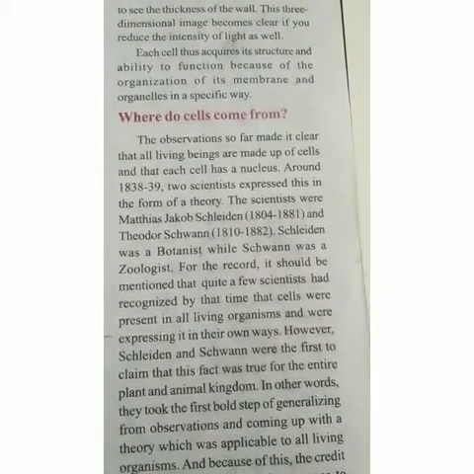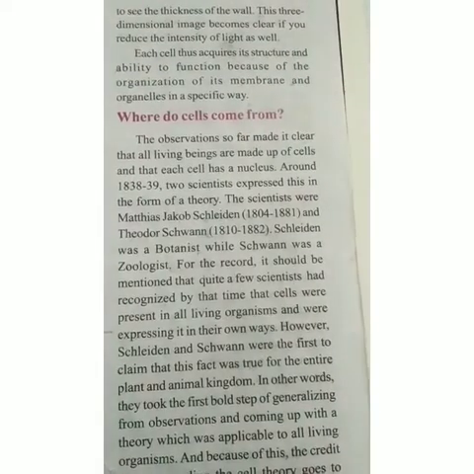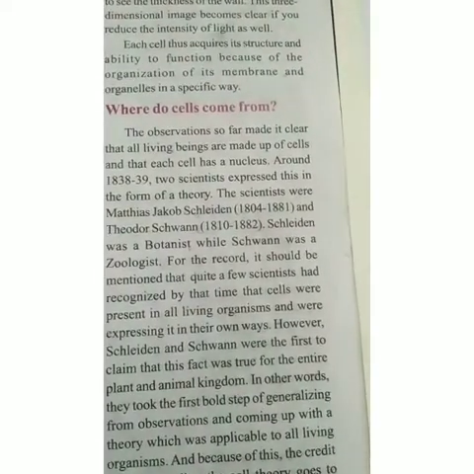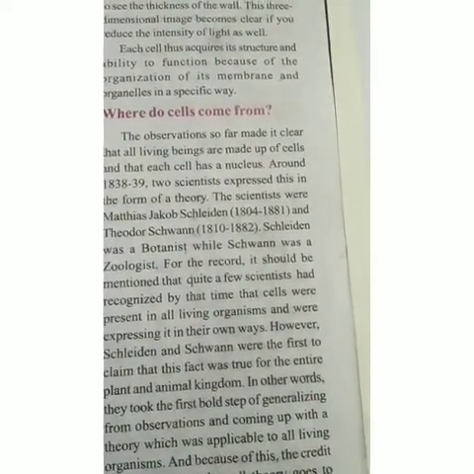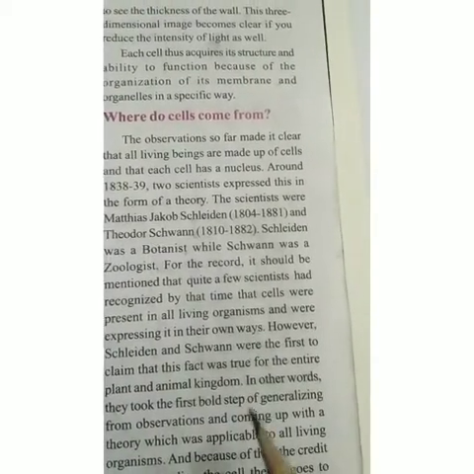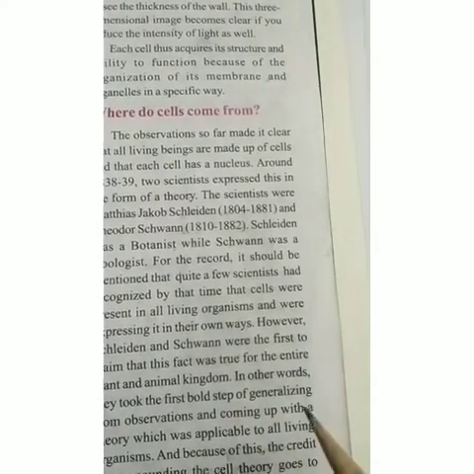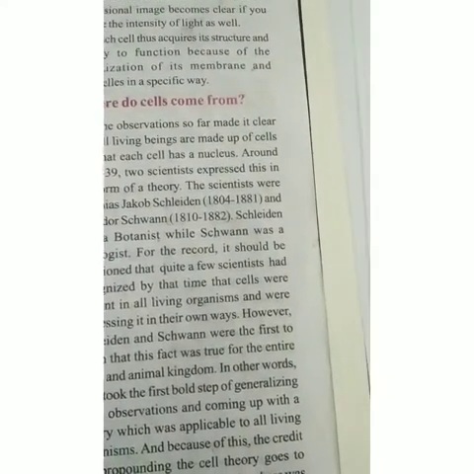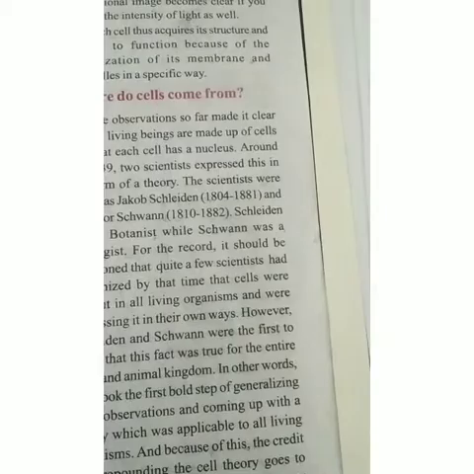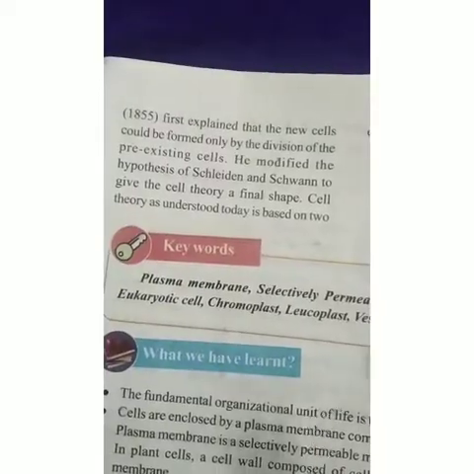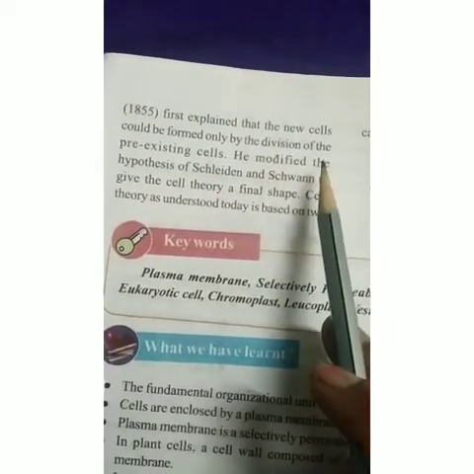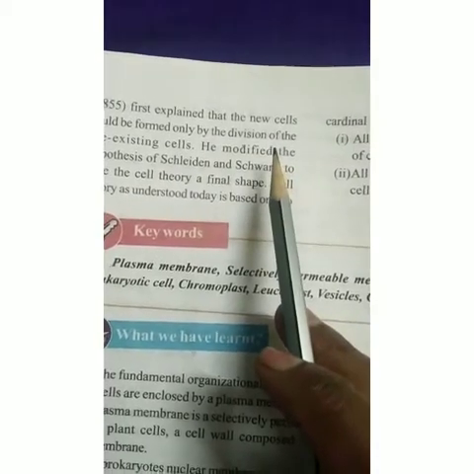There was a gap of about 200 years between Robert Hooke first observing the cell and the formulation of the cell theory. Schleiden and Schwann together formulated this cell theory, but it did not explain how new cells were formed. Rudolf Carl Virchow in 1855 first explained that new cells could be formed only by the division of pre-existing cells.